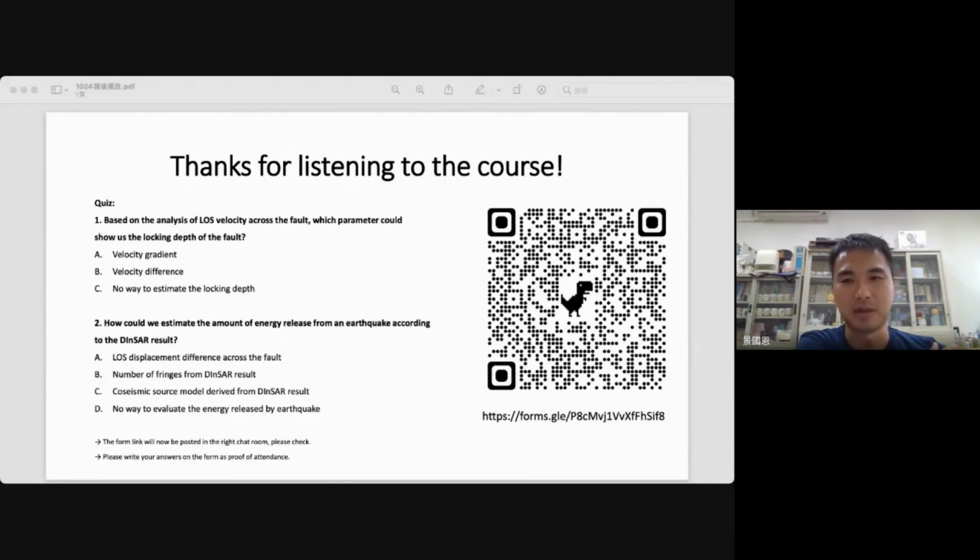But based on my experience, if you could solve the InSAR result very carefully and reliably, like my case here, I compared the GNSS line of sight and the InSAR line of sight velocity, and I found they are almost the same.